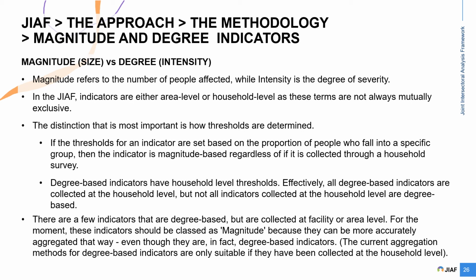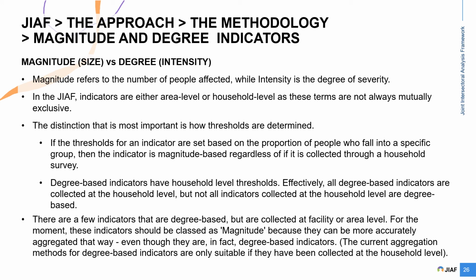Because those terms are not always mutually exclusive, in the JIAF we refer to indicators either at area level or household level. The distinction that is actually the most important is how thresholds are determined.